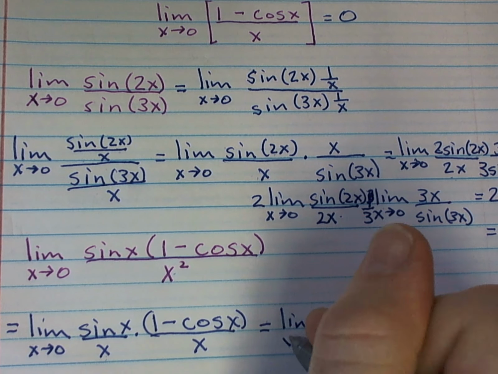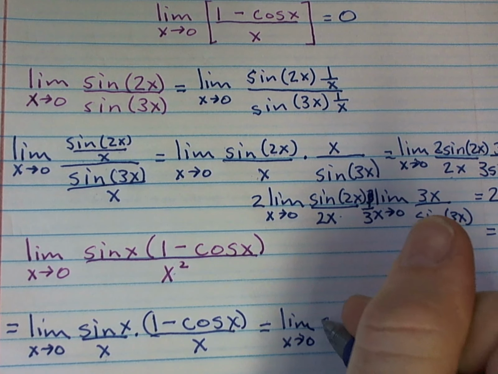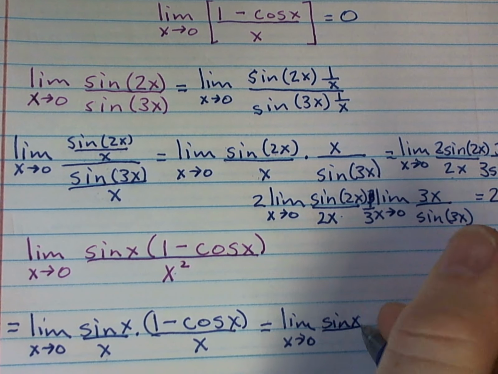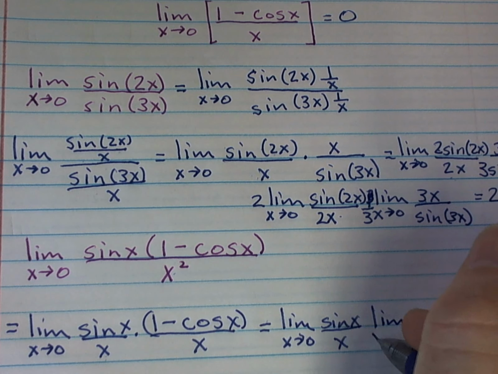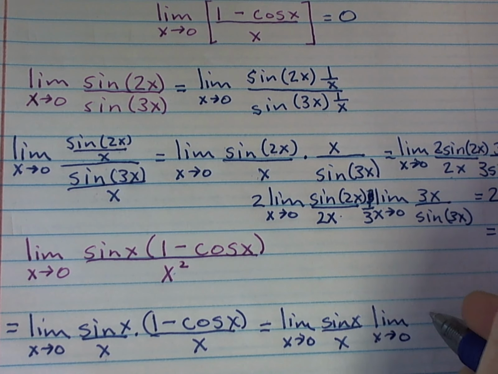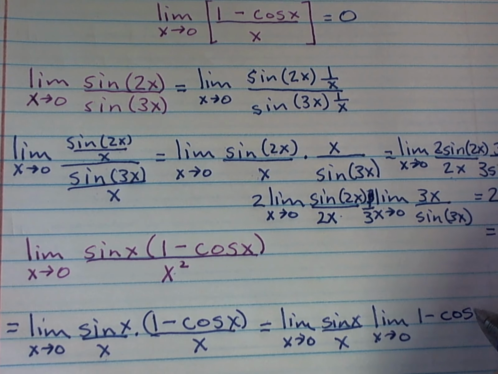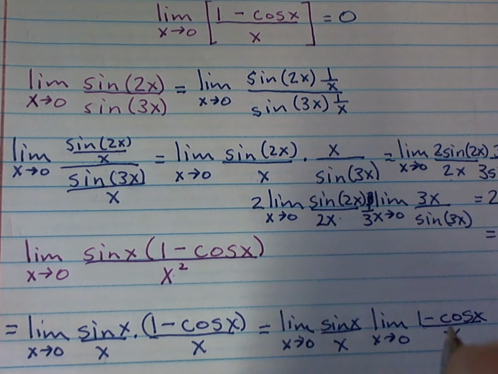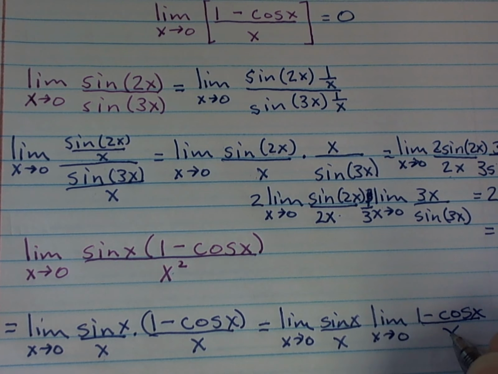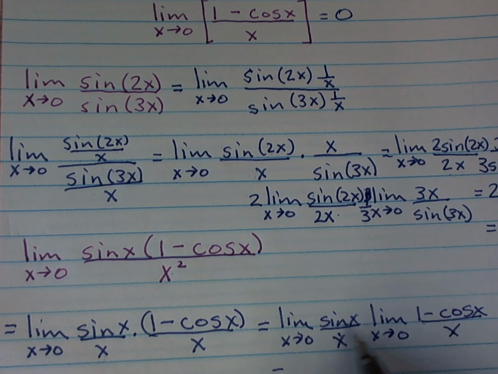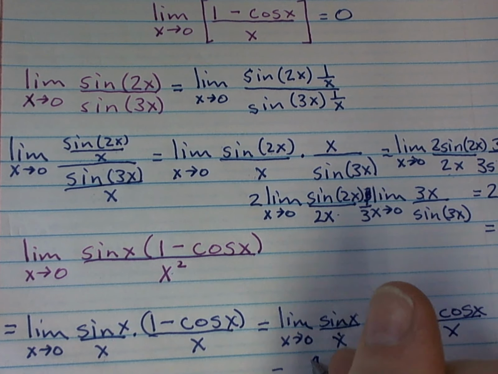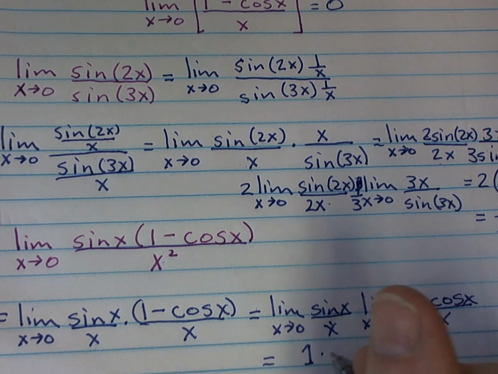So that little trick serves us well, because now, look what we've got. We've got the limit as x goes to 0 of sine x over x times the limit, I'm just going to give it its own limit, 1 minus cosine x over x. And now, look at this. This is perfect. This is 1. This is 0.